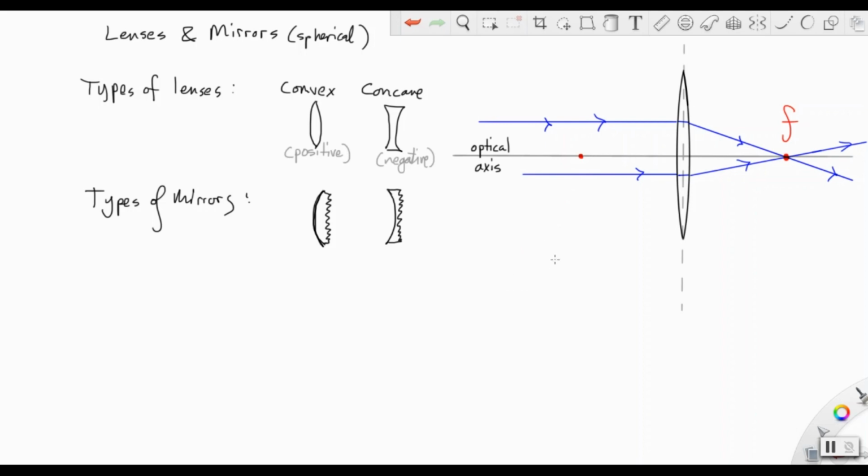Now, these of course could have different focal lengths, right? Well, what does this do? What it does is it rearranges where the image forms of an object. Now, we looked at image formation in terms of mirrors before, but now we are going to talk about image formation in terms of lenses. What is an image?